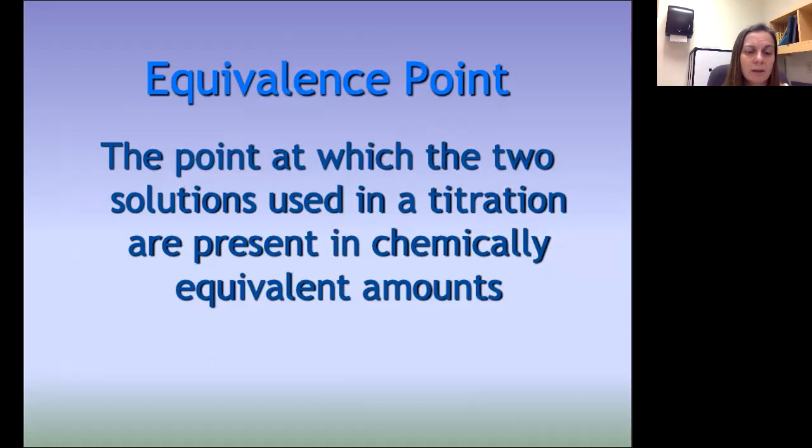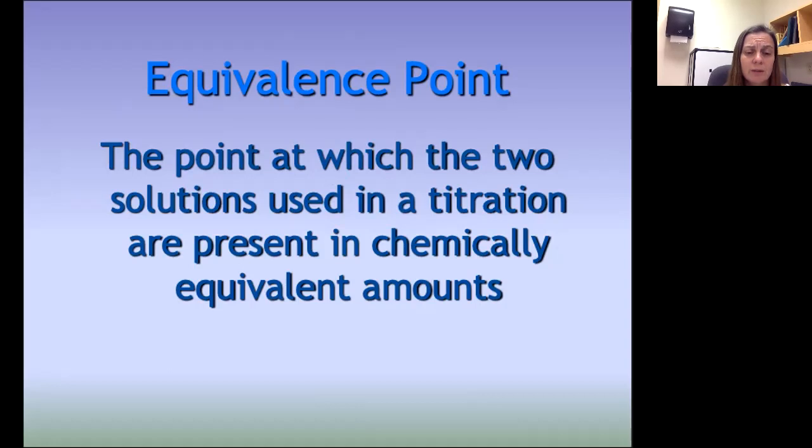As we talked about in class, if we have a weak acid and a strong base, or a weak base and a strong acid as our titration, the titration is not necessarily going to reach equivalence at neutrality. And so what we're looking for is those stoichiometrically equivalent amounts. So that's what we call the equivalence point.